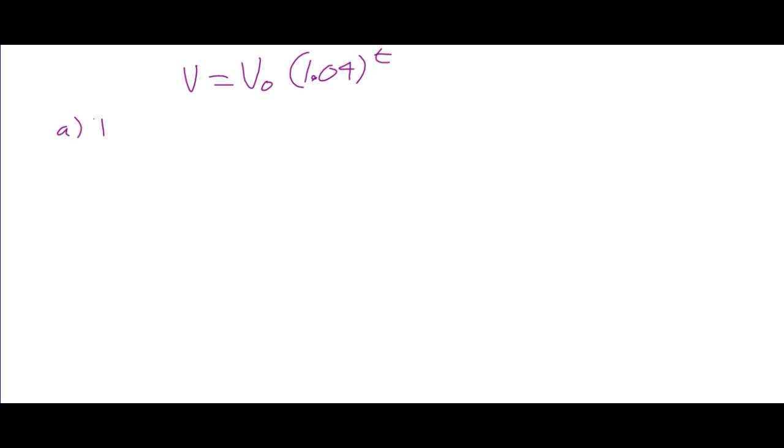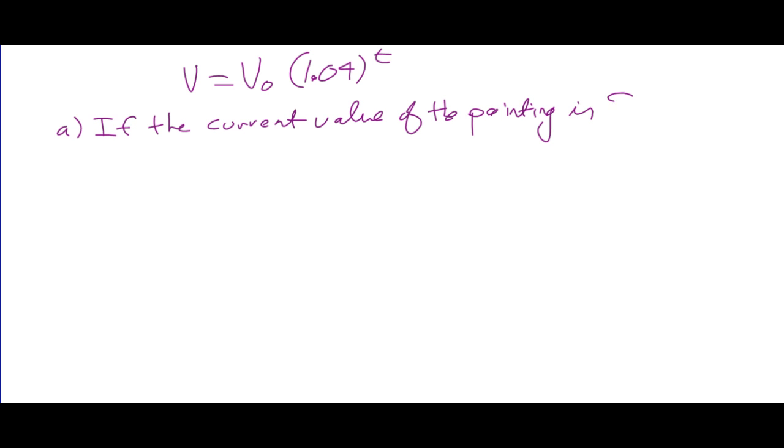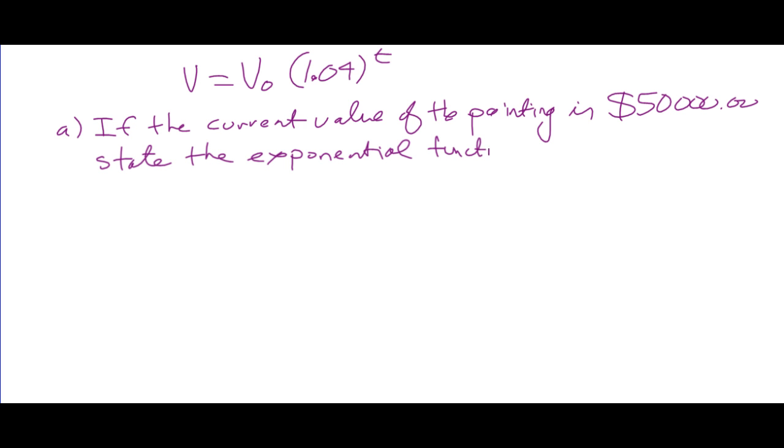If the current value of the painting is $50,000, state an exponential function, actually state the exponential function for the value after t years.